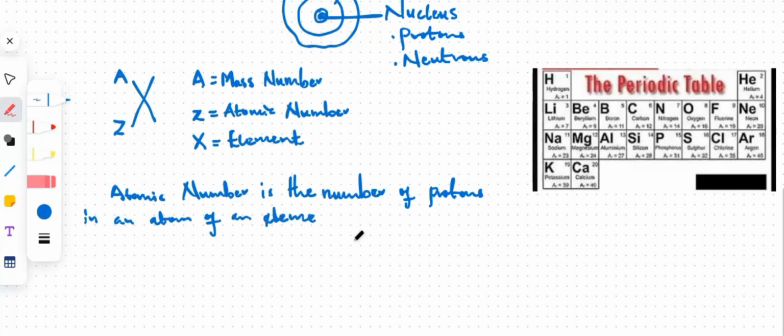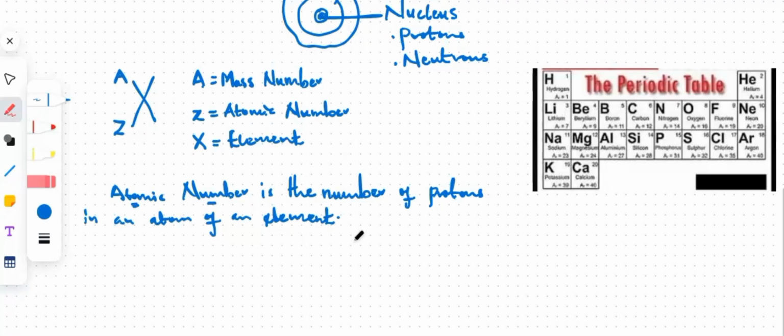So when we say elements are arranged in order of increasing atomic number, we are saying elements are arranged in order of increasing number of protons in them. That is to say, hydrogen, which is the first element, has 1 proton. Helium has 2 protons. Lithium has 3 protons. Beryllium has 4 protons. Boron has 5 protons, and so on and so forth. So basically, that is atomic number.